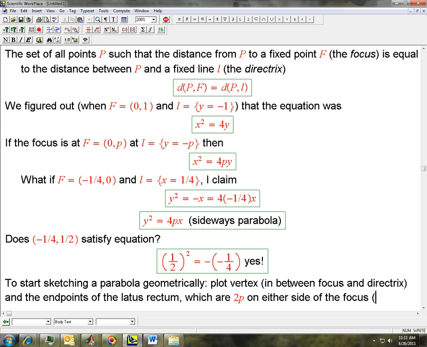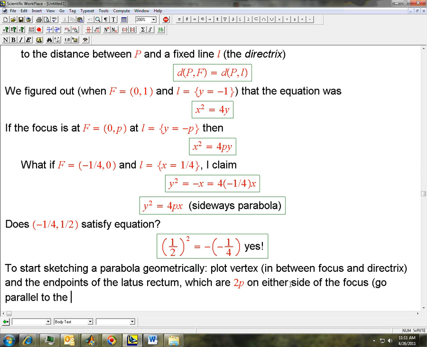In other words, you go parallel to the directrix.